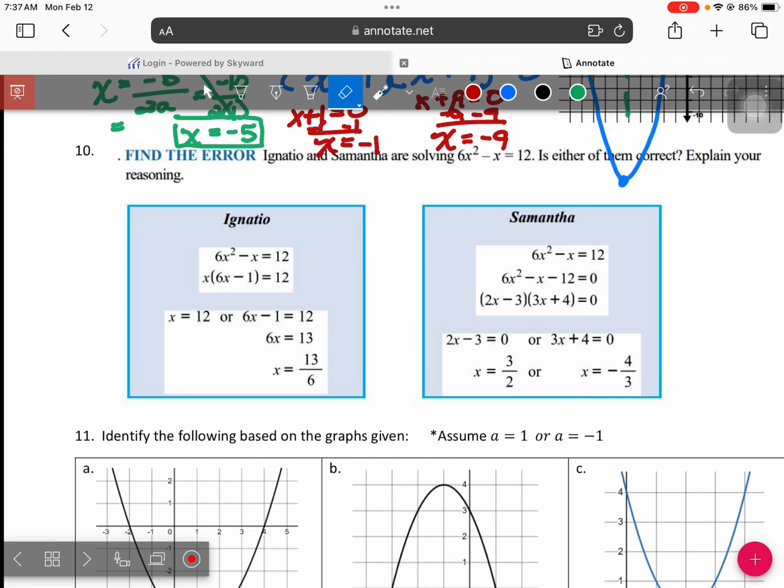Anything? I'm just looking. Well, like I said, there is a big difference here in this second line. Is one of them correct or incorrect at that second line?